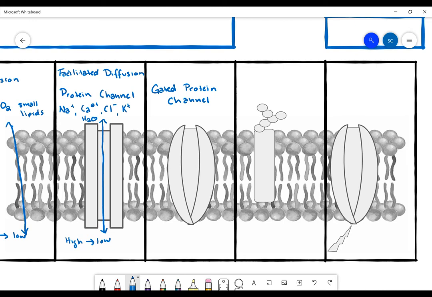Okay, so the molecules that you're going to be looking at here are, again, those same ions that we looked at before. So sodium, calcium, chloride, and potassium. But here I'm just going to write ions. Okay, as well as your amino acids and your sugar molecules.